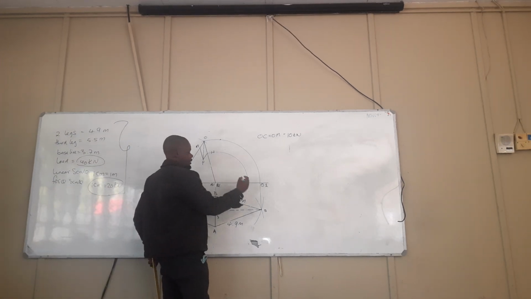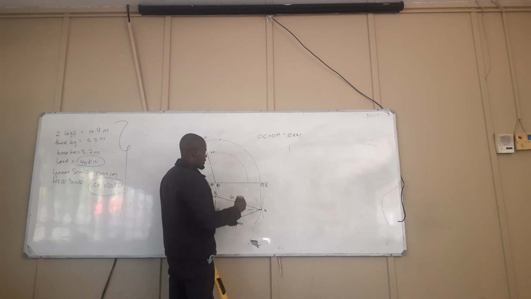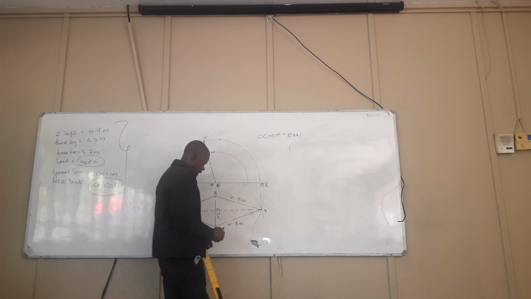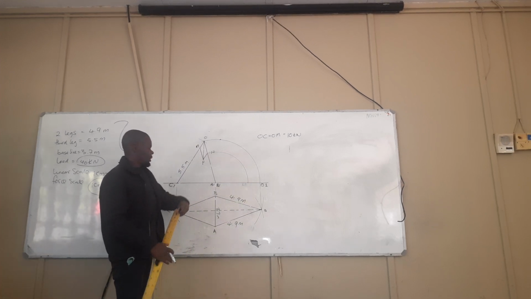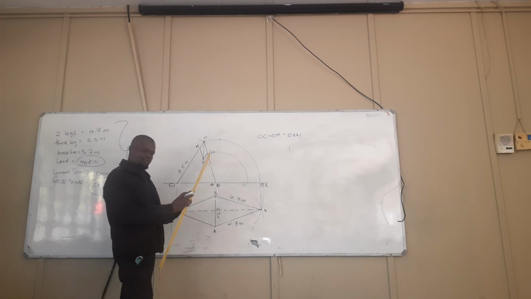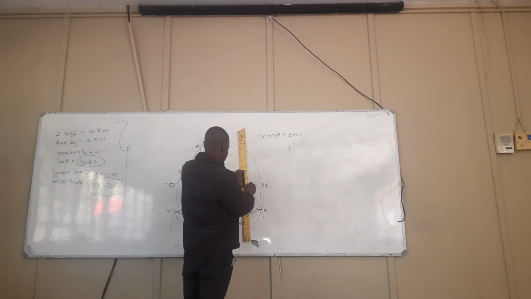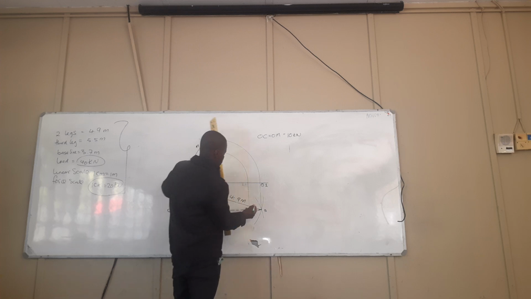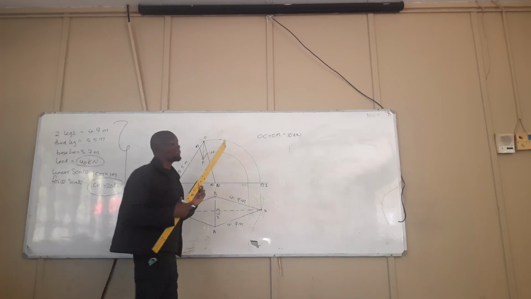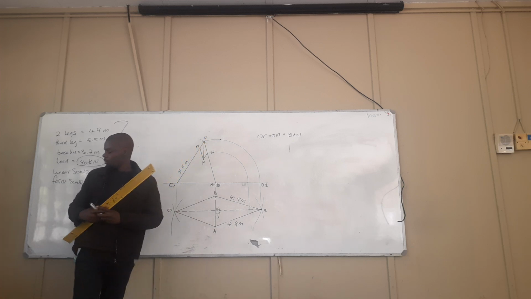Until this is N, let's simply call this point N1. So with N1, you drop again a line, drop it down, then you get this point. You simply have transferred N to the floor plane.